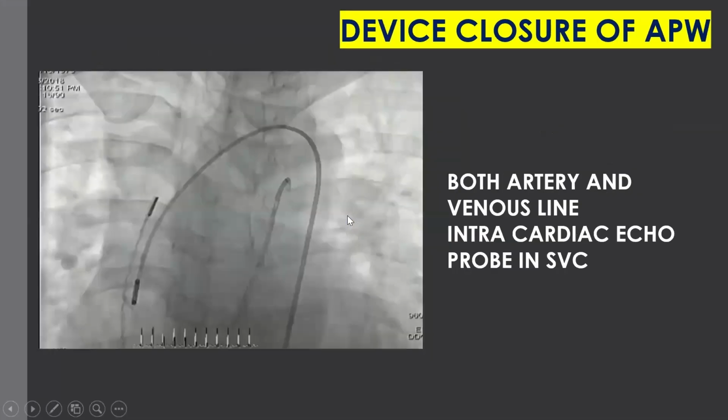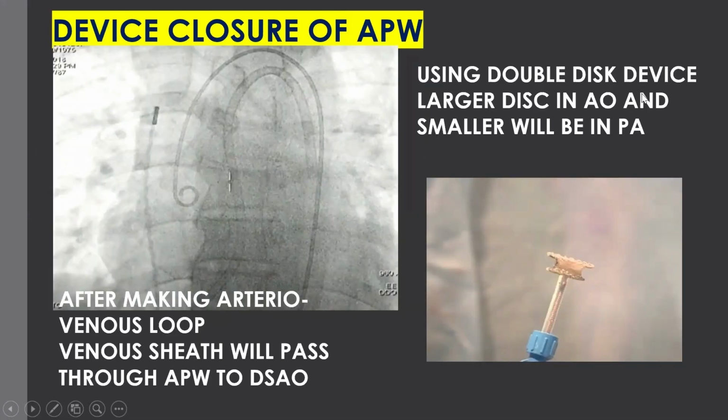This is a 10 mm defect. Both the arterial and venous lines they are putting. This is the venous line through the PA, through the defect, into the AO, and this is using a double disc device, larger disc in the aorta and the smaller disc in the PA.